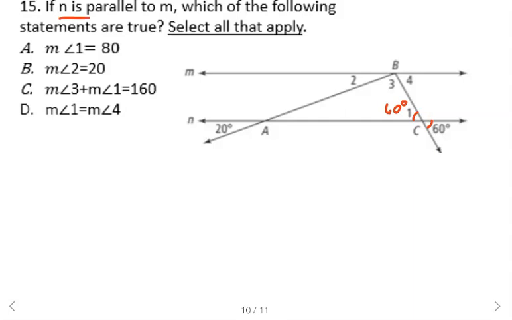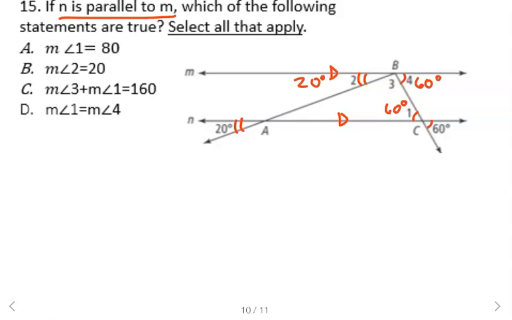It says n is parallel to m. So these are parallel lines. So corresponding angles will be congruent. So each of these will be 20. We have some alternate interior angles over here, 1 and 4. So each of those will be 60.